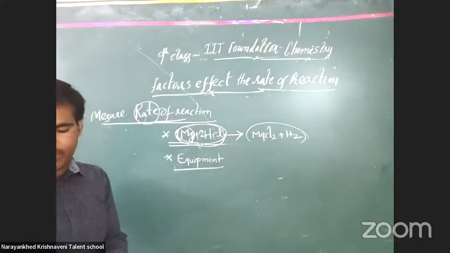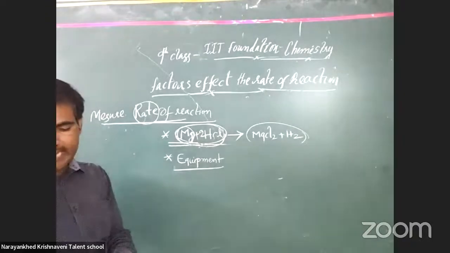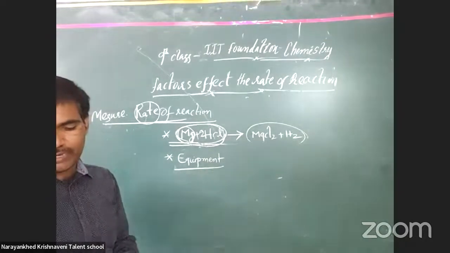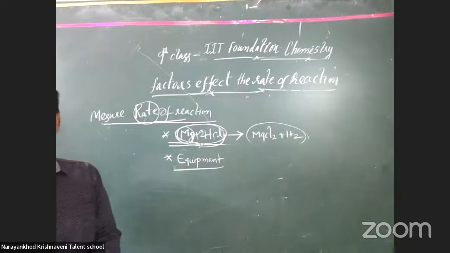A gas cylinder is required, and also flasks and conical tubes. Okay, these are conical flasks, and we require all of these for measuring these things. Okay, clear or not, all the students?